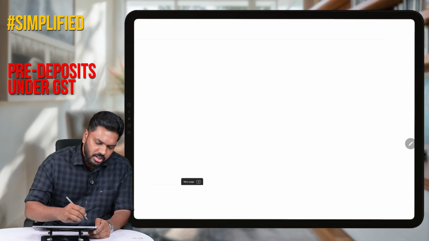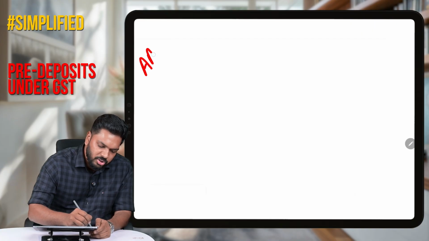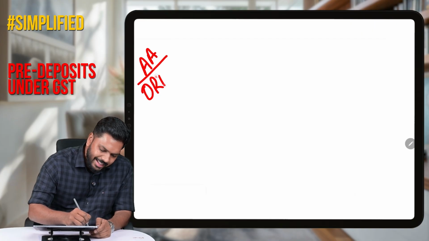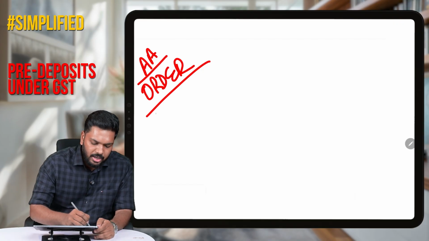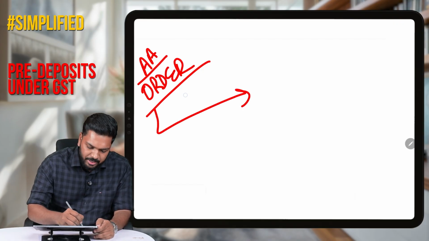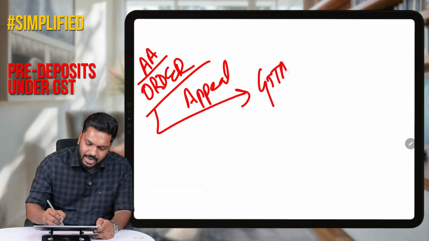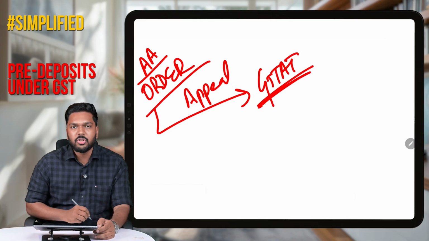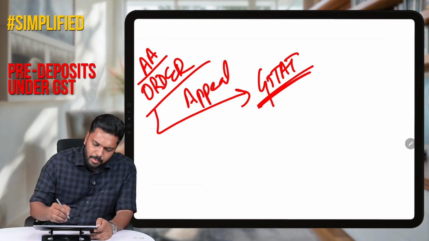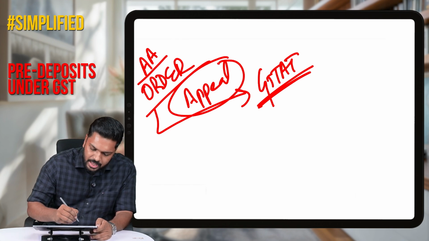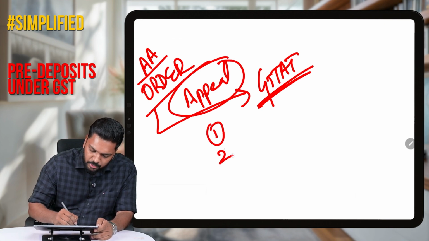Now, suppose the Appellate authority issues an order and this particular order is not in your favor and you want to seek a resolution. You file an appeal and contest this order before the GST Appellate Tribunal, which is the Tribunal constituted in 2025. Again, before you file an appeal here, there are two basic requirements that you need to fulfill.